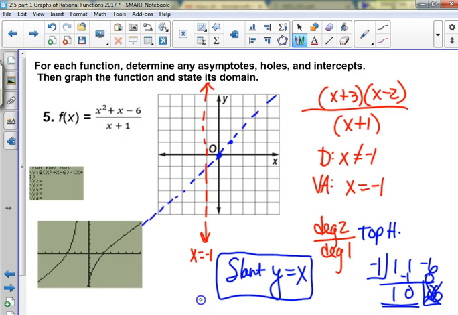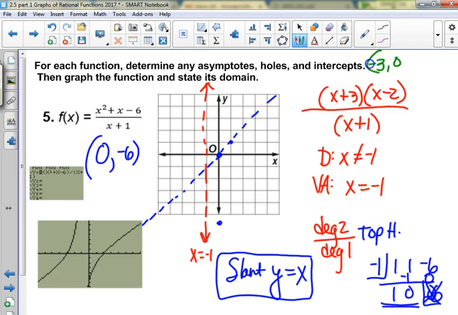All right. What if we put a 0 in? Top and bottom we get. Okay. So 1, 2, 3, 4, 5, 6 down here is where it would cross. And if we set the top equal to 0, where is it crossing the x-axis?